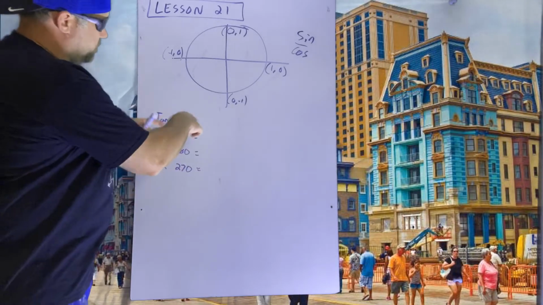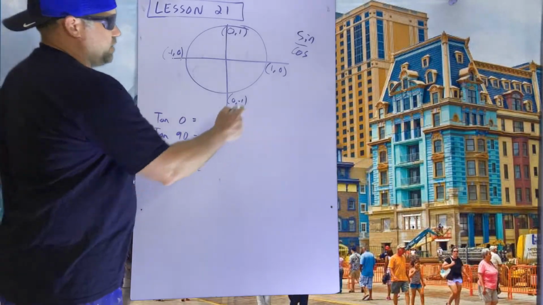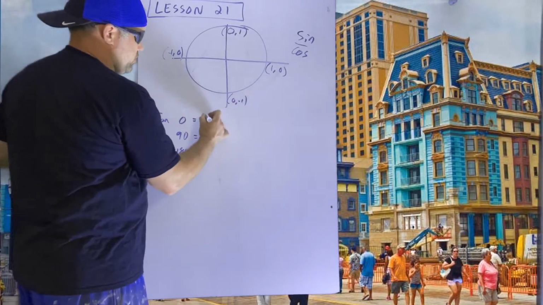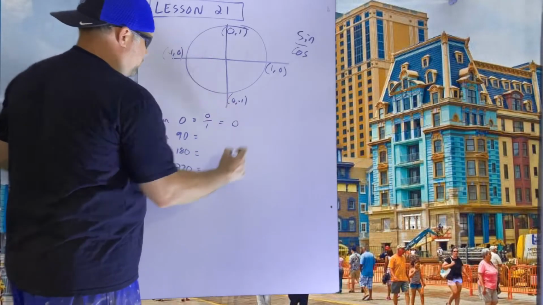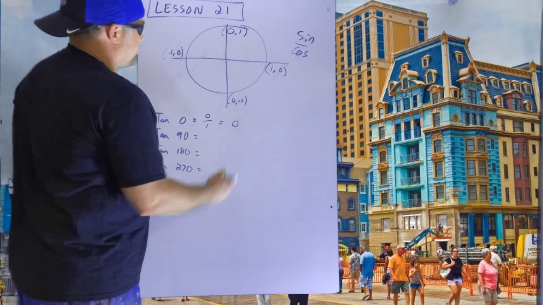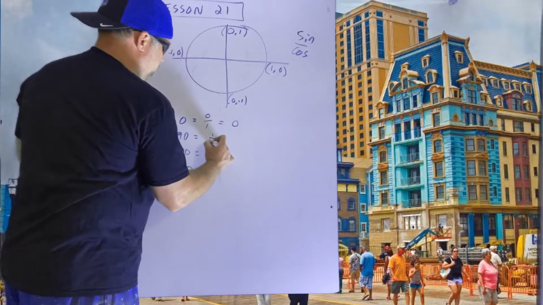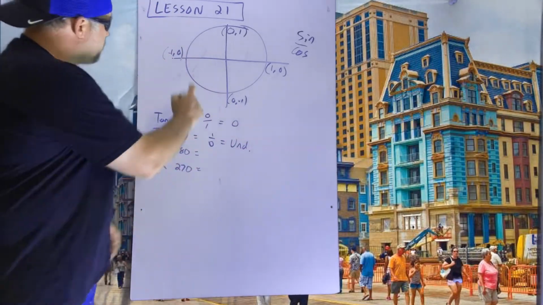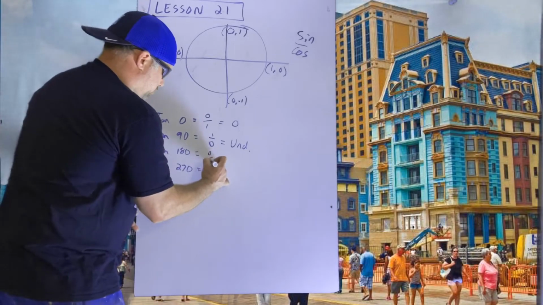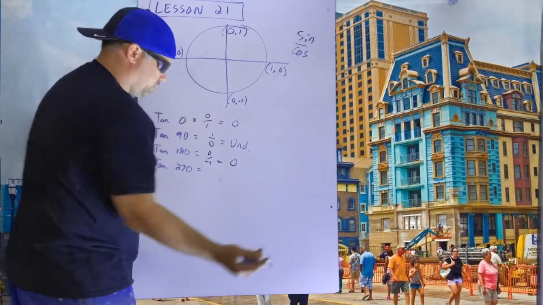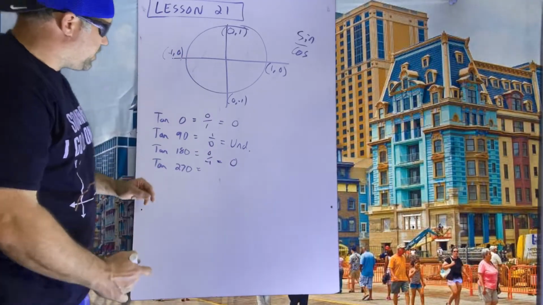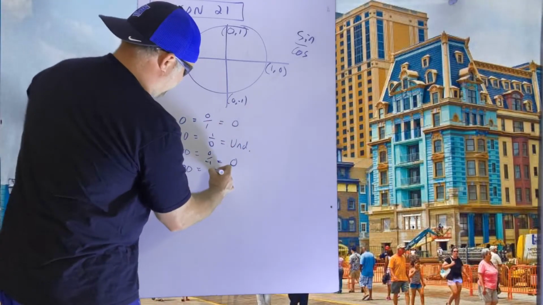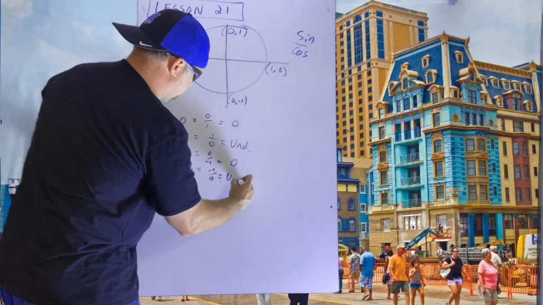So the tangent of 0 is right here, so that's going to be 0 over 1, which is just 0. The tangent of 90 is going to be 1 over 0, which we call undefined. The tangent of 180 is going to be 0 over negative 1, which we can call 0. And the tangent of 270 down here is going to be negative 1 over 0, which is also undefined.